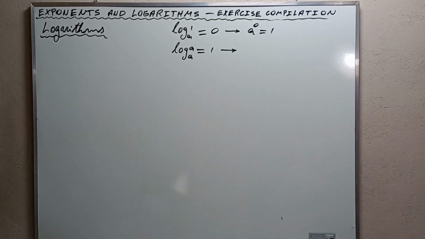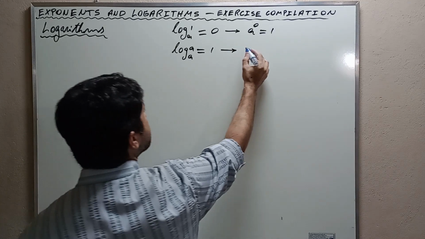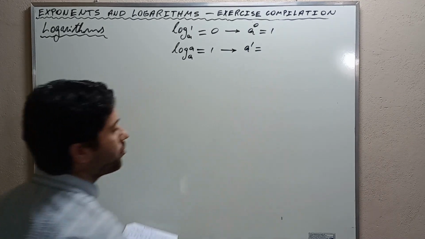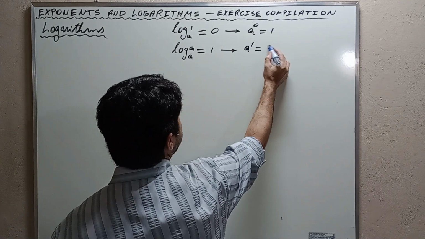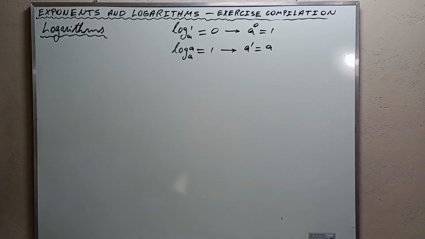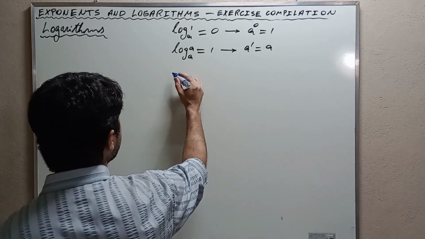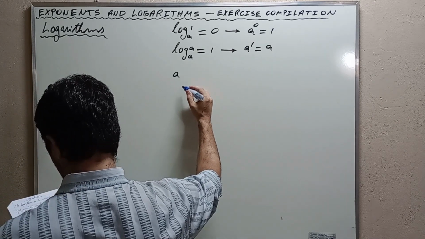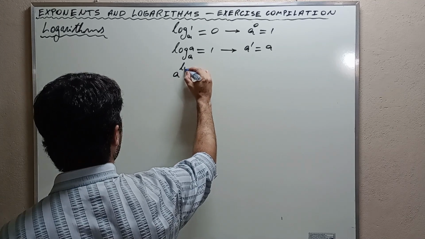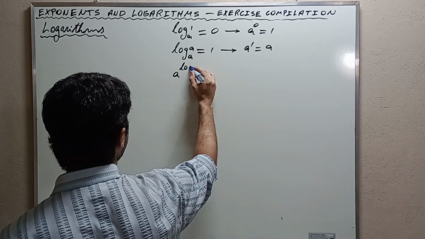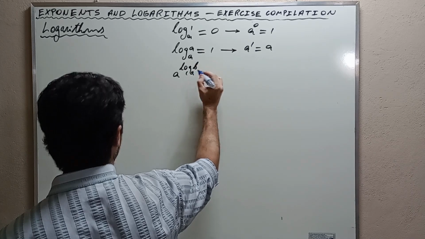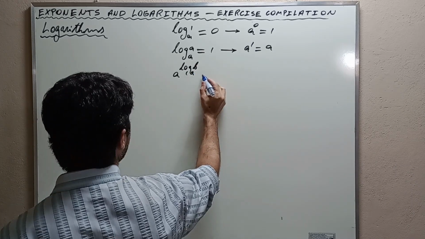For a raised to the power of 1 is simply a. Any number raised to the power of 1 is itself. The third identity is this. A raised to the power of logarithm of b base a.